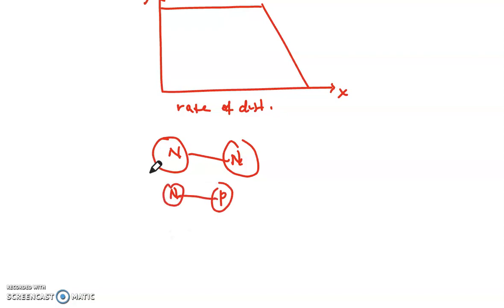We also have proton, proton. These representations help us to understand the strong nuclear interaction, and this nuclear interaction does not only exist between neutrons, it also exists between neutron and proton, and even between protons.